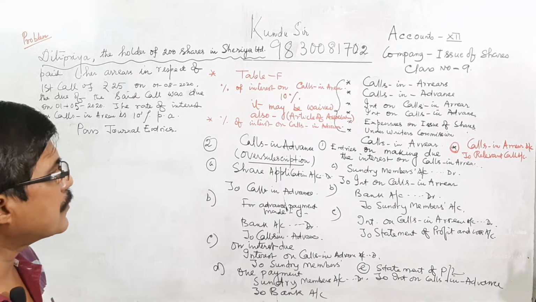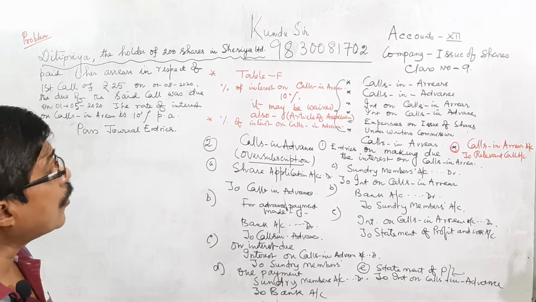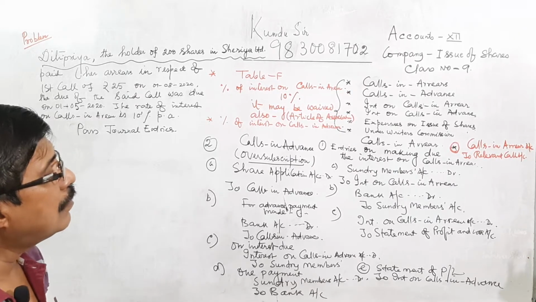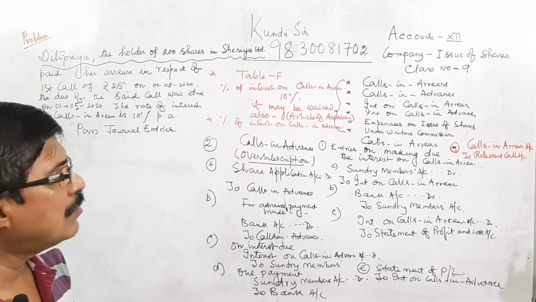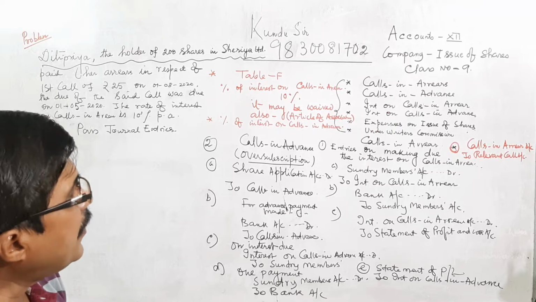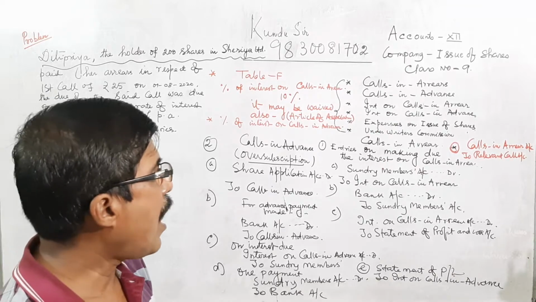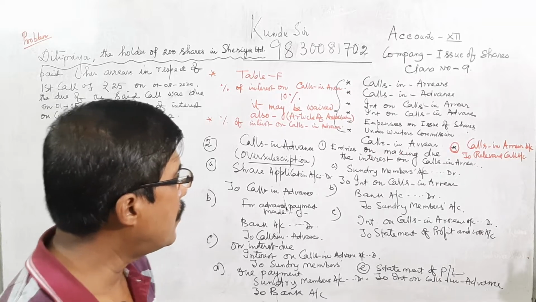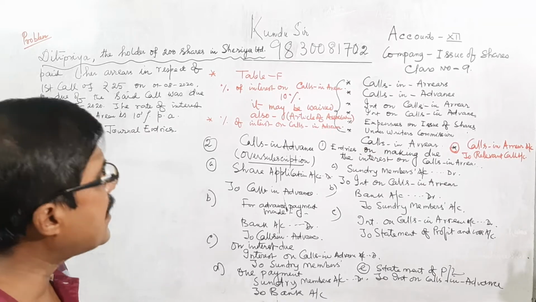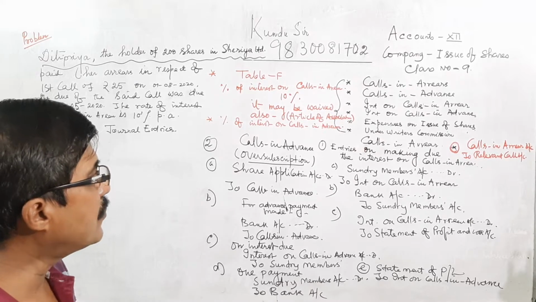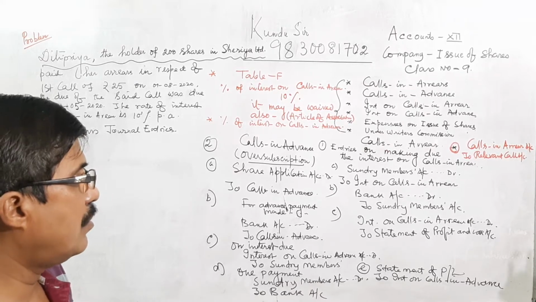Now I am giving an explanation regarding calls in arrear. When an applicant or member is not paying the money in due time, after making it due, the defaulted amount is to be transferred to the calls in arrear account.